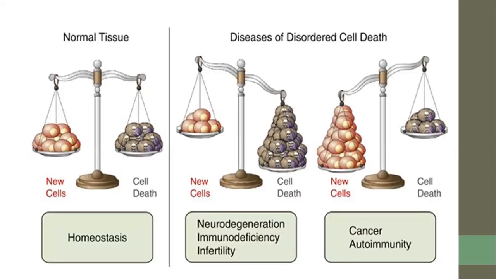Here is a picture that is showing the balance of living cells and dead cells. This maintains homeostasis. When cell death is extensive, this leads to neurodegenerative diseases, immune deficiency, and infertility. And in cases where there is less cell death, this leads to more proliferation of the cells, which means cancer and autoimmune diseases.